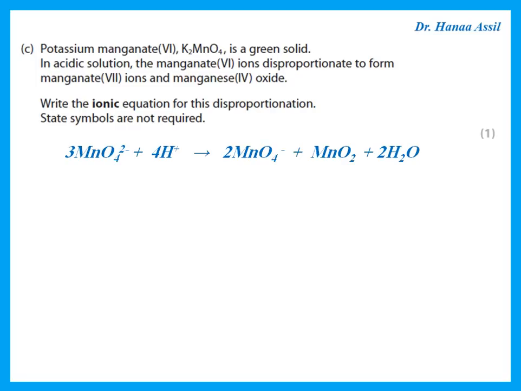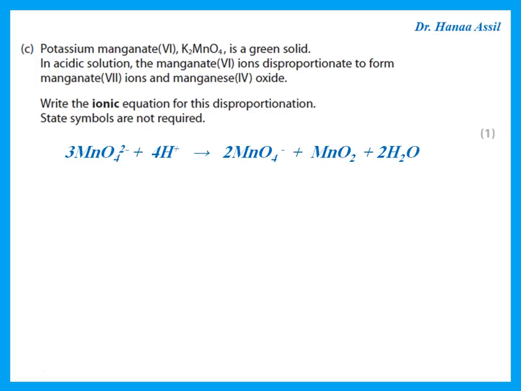And we have the MnO4 2- plus H+, because he's saying this is acidic solution, and he's telling me that this will give the manganate(VII) ions, so that's MnO4-, and manganese(IV) oxide, that is MnO2, and that means I will need water on the right to balance the hydrogen on the left, and this would be the balanced equation.